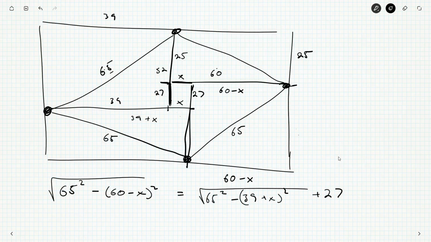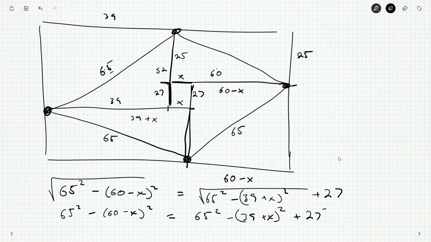Okay. And I'm betting that it's going to just be 21, which is the difference between 60 and 39, but I can't currently prove it. So square both sides, we'll get 65 squared minus 60 minus x squared is going to be 65 squared minus 39 plus x squared plus 27 squared plus 54 squared.